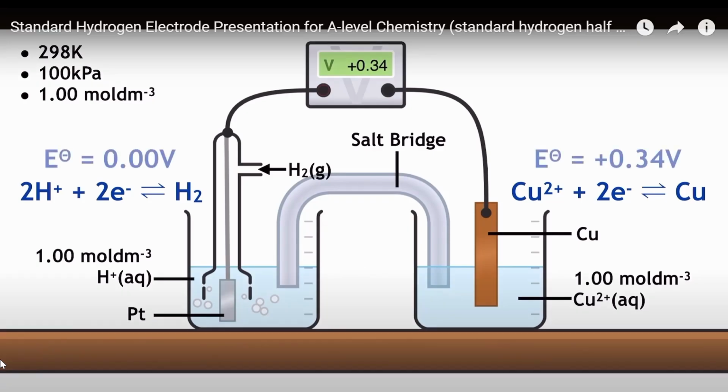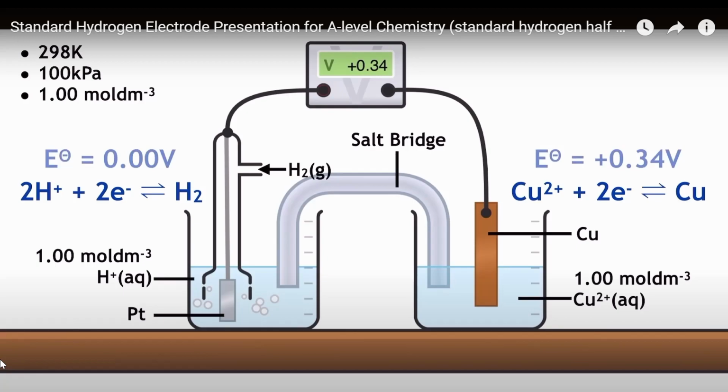So if you look on your chart, what is the potential recorded there of Cu2+ plus 2 electrons gives copper? Look on your standard chart there. And what is it?